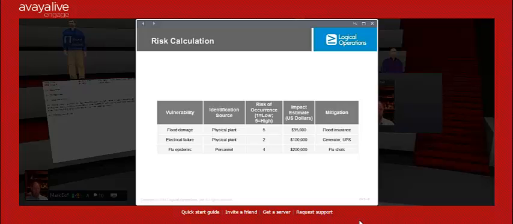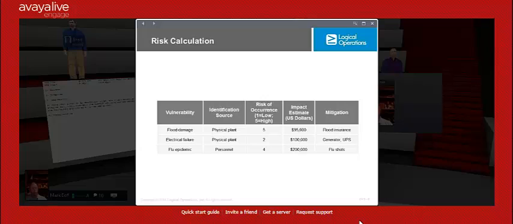The single loss expectancy is the amount of damage or loss from each instance of that risk factor. So that's the SLE. If it happens, how much does it cost me?